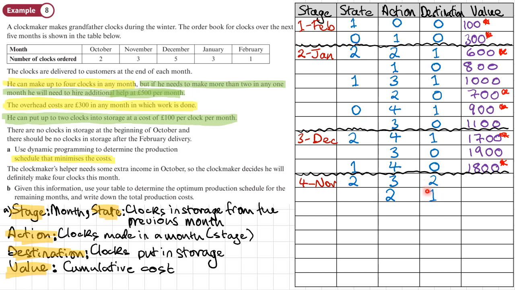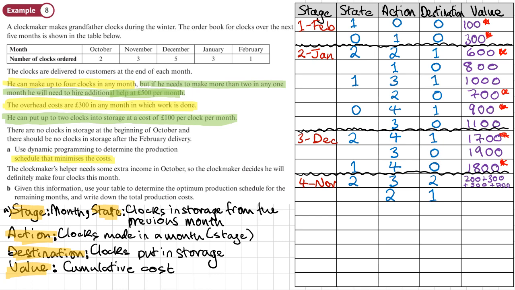So now I'll work out the costs. So November, 2 in storage. I'm making 3, so my overheads plus my additional costs, and if I then carry those 2 units in the destination into December, that's going to be 1,700, and that gives a total cost of 2,700.